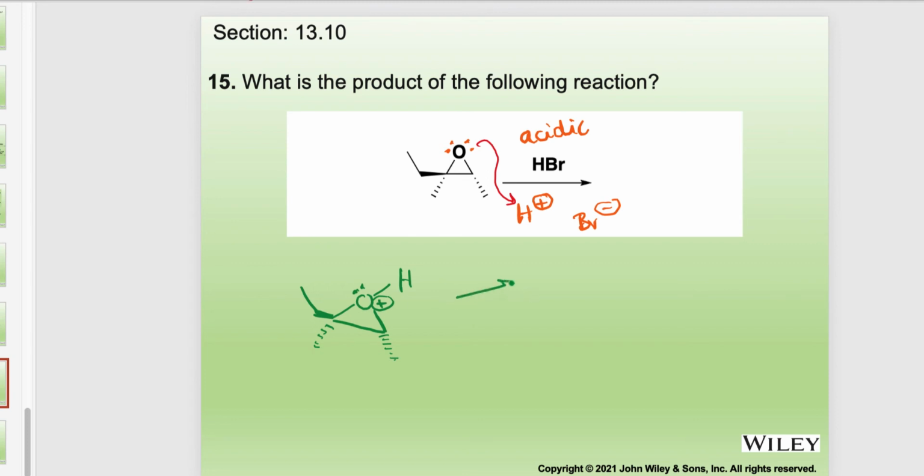You can draw this form here. I'm actually breaking this bond. Oxygen doesn't like a positive charge, so it's going to take the electrons. I'm going to draw the rest here. Here's your OH group, and that would be a positive charge here.